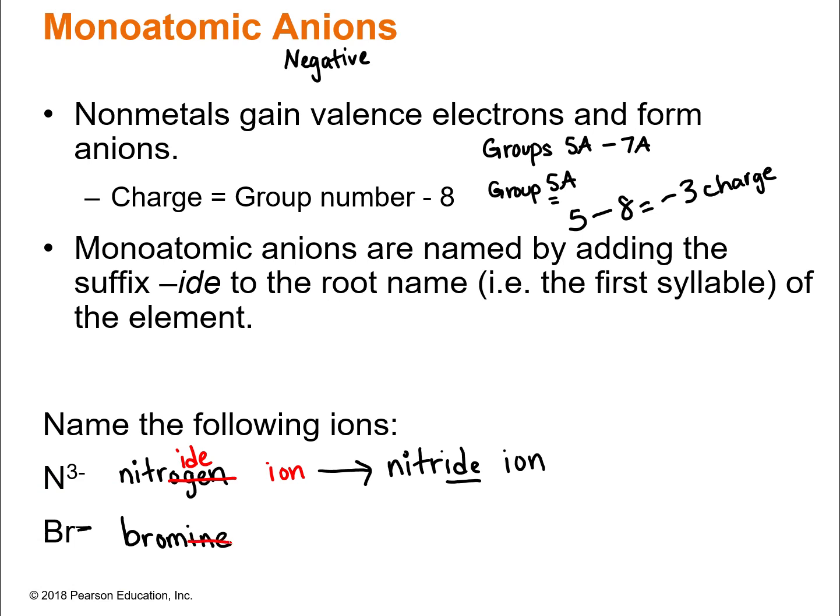Get rid of everything after that. Replace it with IDE and the word ion. So it becomes the bromide ion. Does that make sense to everybody?